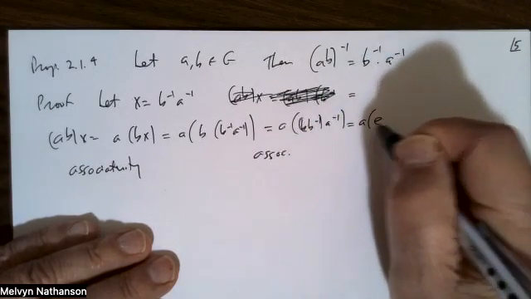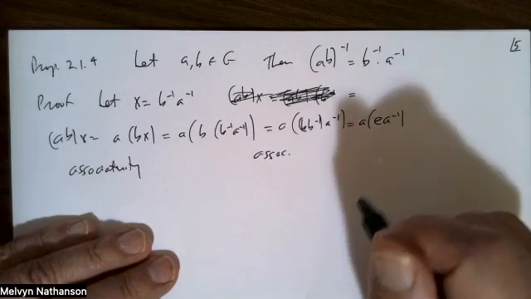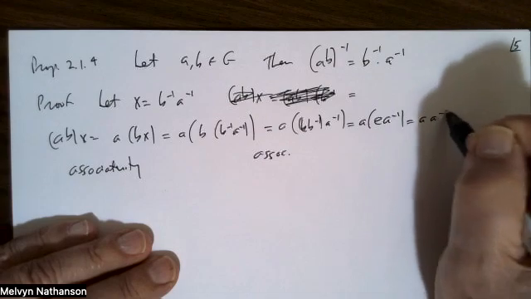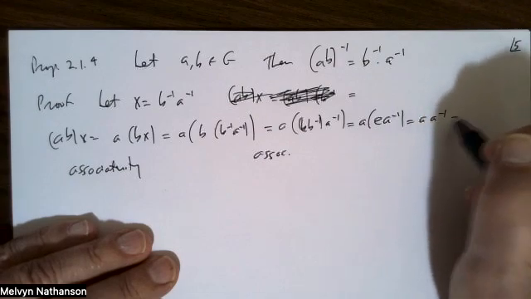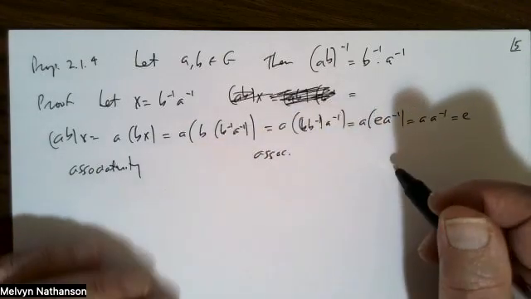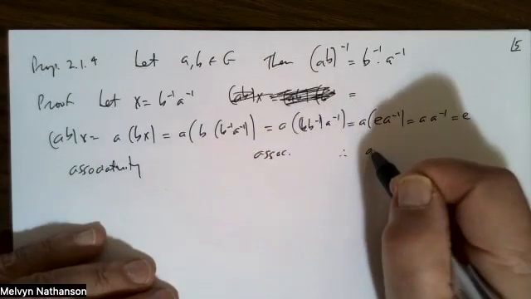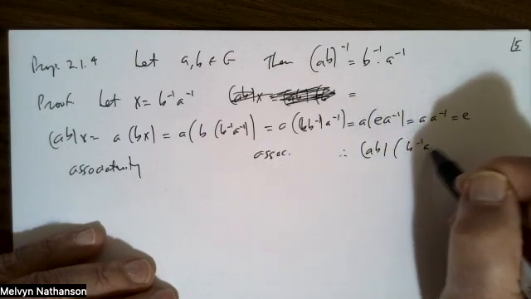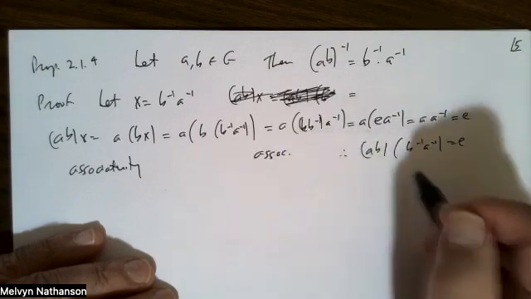So this is A times the identity times A inverse. The identity times any element is just the element. And A times A inverse is the identity. So we just proved that AB times B inverse A inverse is the identity.